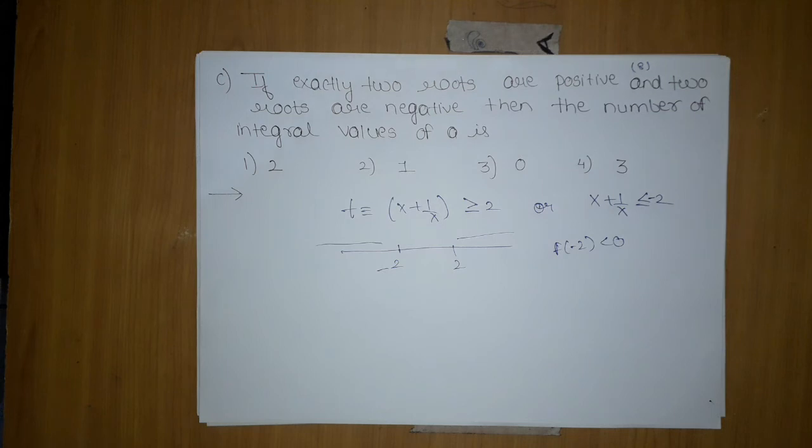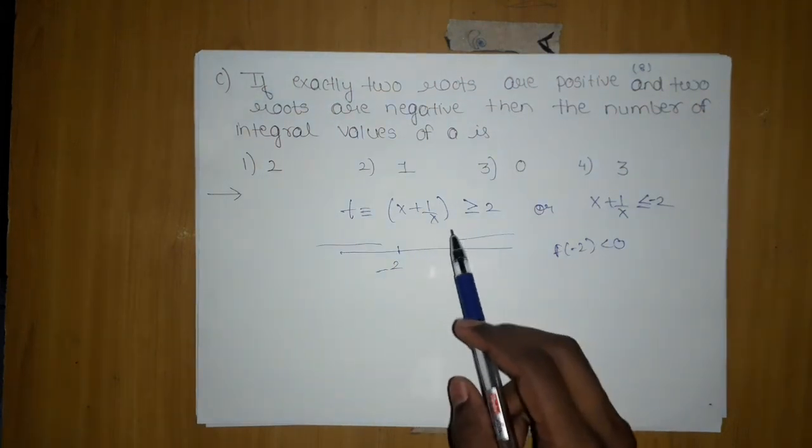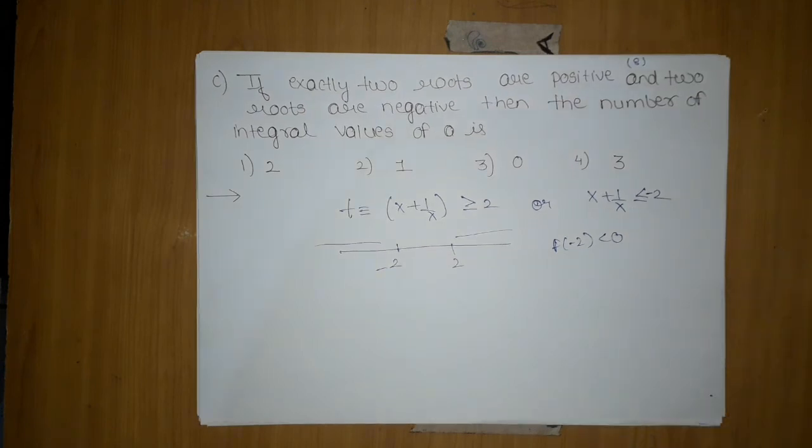For exactly two roots positive and two roots negative, how is it possible? Listen, there are 4 roots.